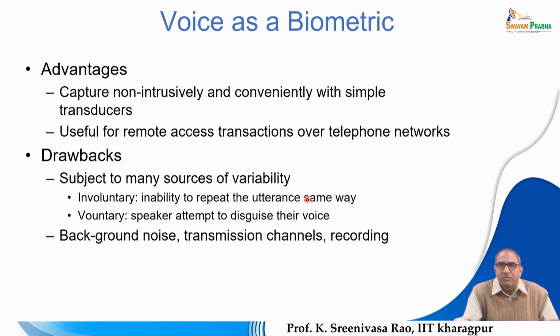If you look at the time domain signals, they are different. That happens involuntarily. So the inability to repeat the utterance in the same way is one difficulty. And the other one is voluntary: the speaker can wantedly change the way he speaks. With that, one can actually disguise the voice also.